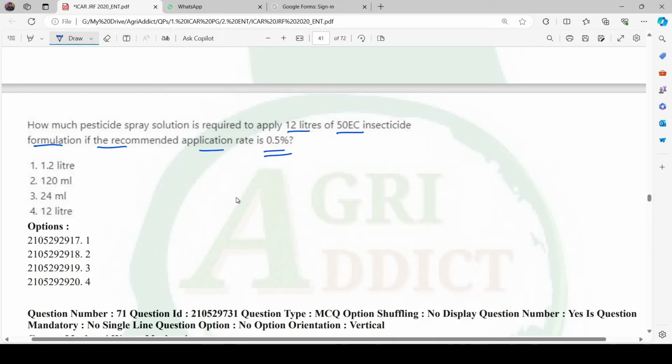So you need to know the quantity of pesticide in the spray solution. Here you should use the formula N1V1 equals N2V2. First you should convert the rate of application to decimal. How? 0.5 divided by 100, that is 0.005.